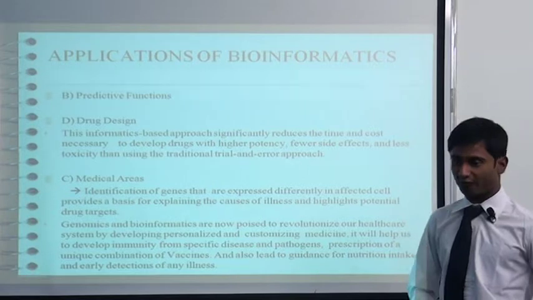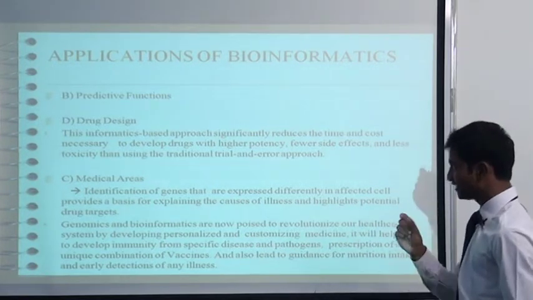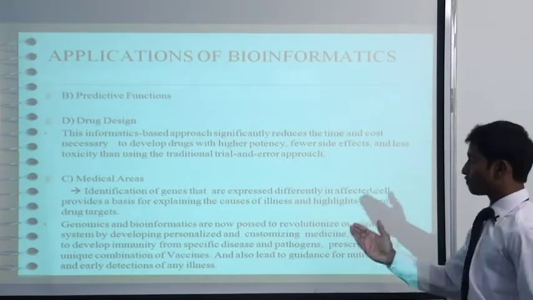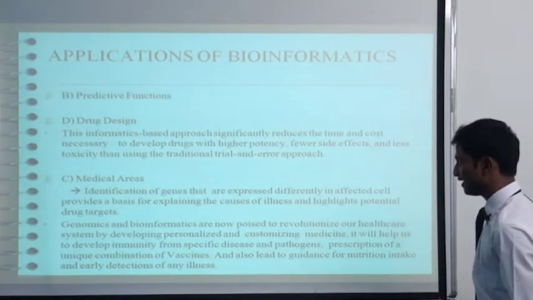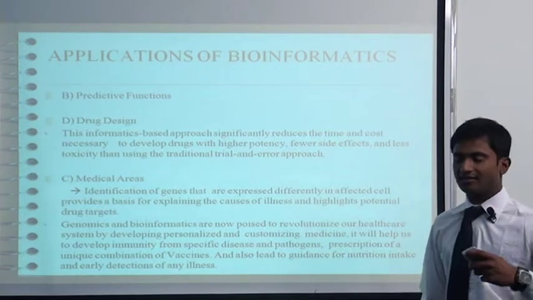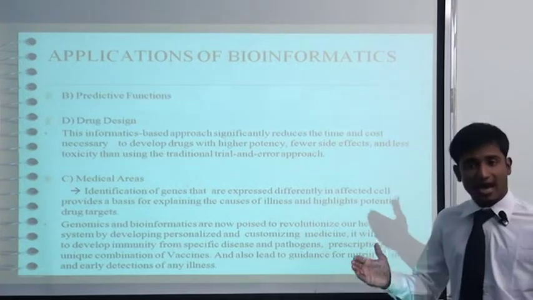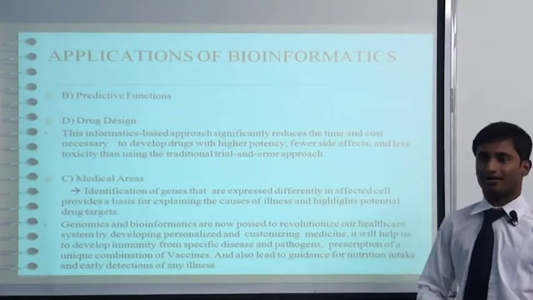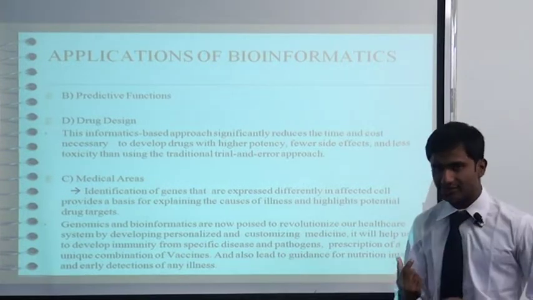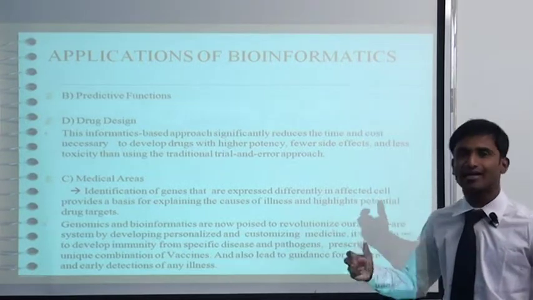Now the medical areas: the identification of genes that are expressed differently in affected cells provides a basis for explaining the cause of illness and highlights potential drug targets. That means, suppose the human genome contains more than 30,000 genes. All genes give proteins. In the central dogma, the gene is the raw material and the protein is the final product.